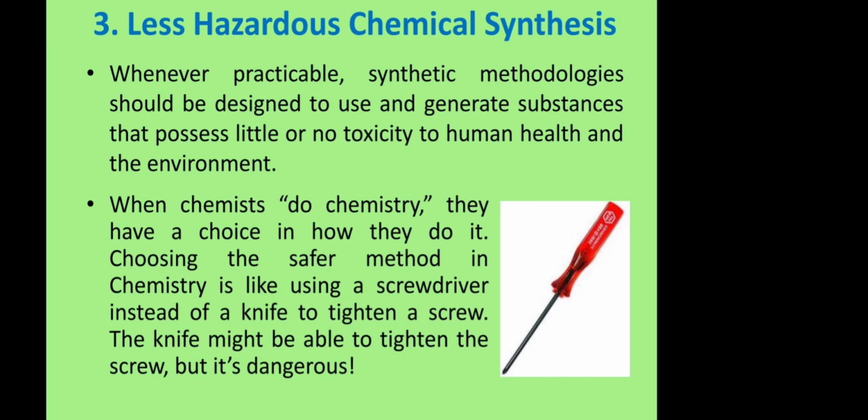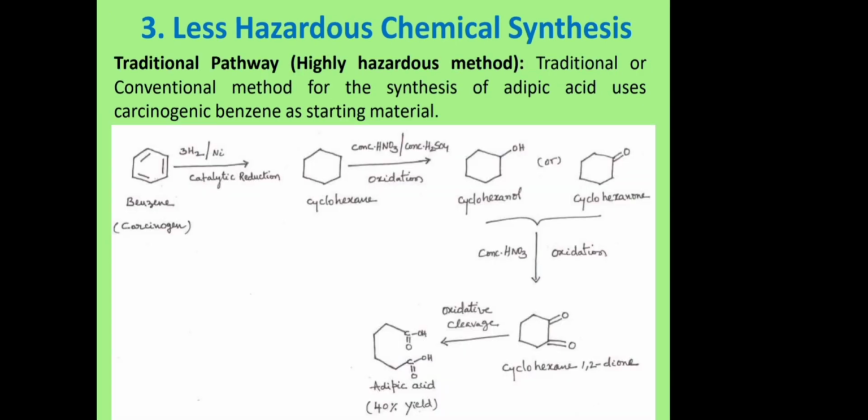Later, we see a reaction of a traditional pathway, a highly hazardous method. The traditional or conventional method for synthesis of adipic acid uses benzene as a starting material. Here we take benzene, which is carcinogenic, and react it with hydrogen with the catalyst Ni. We get a catalytic reaction and form cyclohexane.